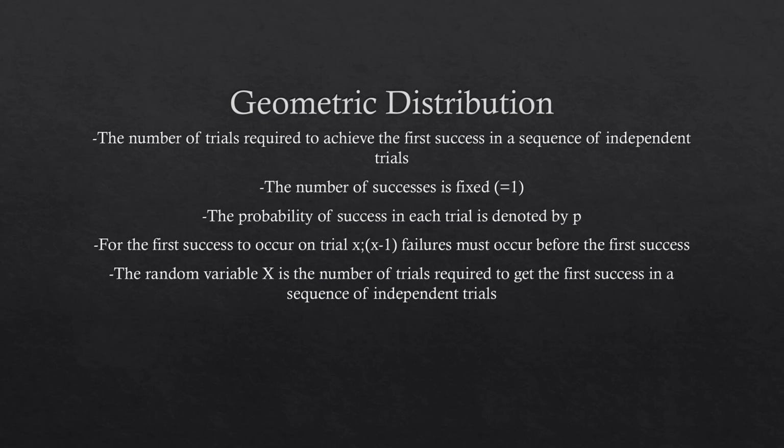So like I said, the number of successes is fixed at 1, and our probability of success is denoted by p. So we're looking for the first success to occur on trial x, which means that x minus 1 failures must occur before the first success, because otherwise it wouldn't be the first success. And our random variable x is the number of trials that are required to get the first success.